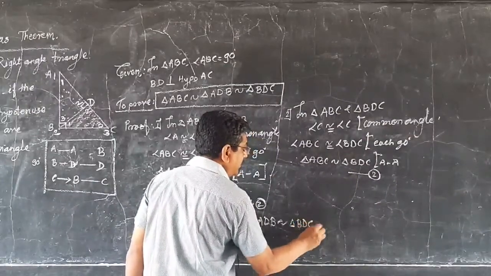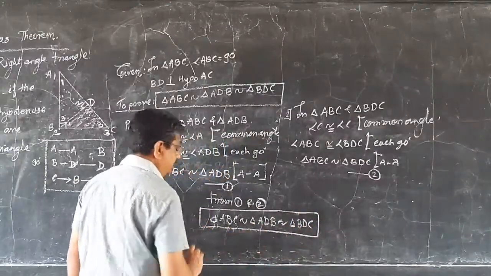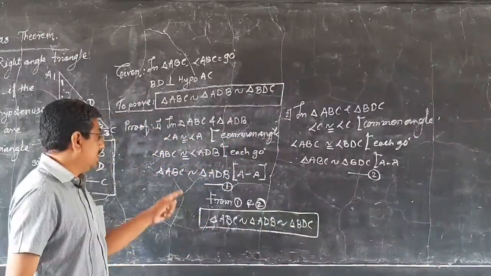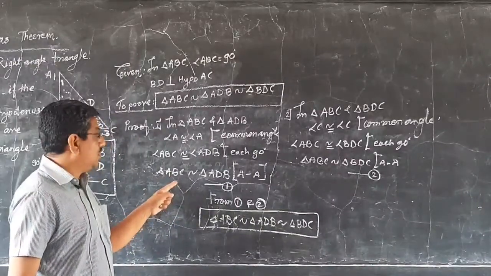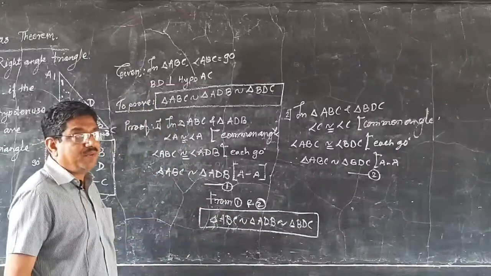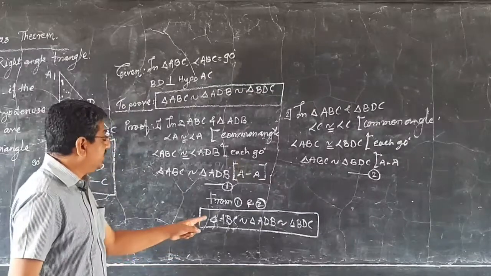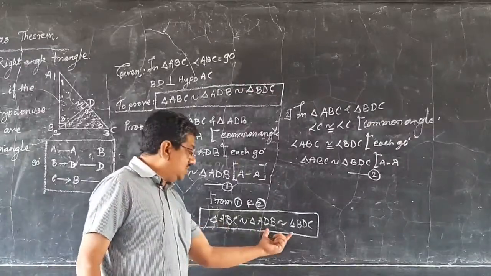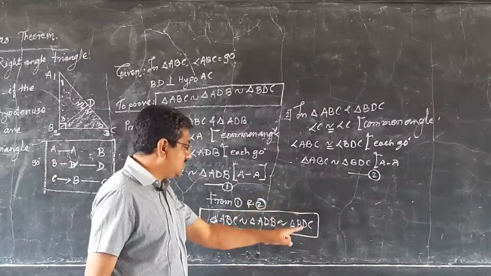This is a very important theorem. Triangle ABC is similar to both the triangles which are formed when we draw the altitude to the hypotenuse. The original triangle is similar to both these triangles, and both the triangles are also similar to each other.